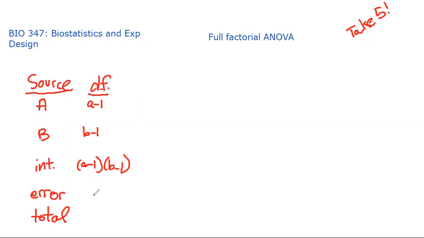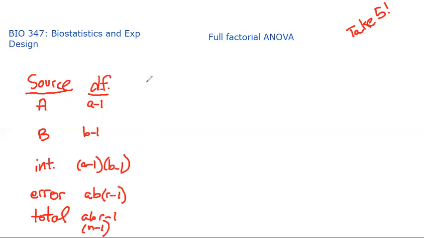Then our error is going to be A times B times R minus 1, where R is the number of replicates. And for the total, it's A times B times R minus 1. We can just say this is N minus 1, so it's our total sample size minus 1, which is the same thing as A times B times R minus 1.